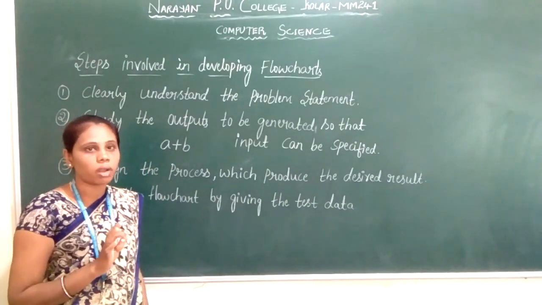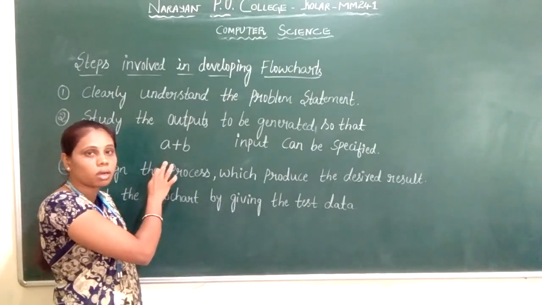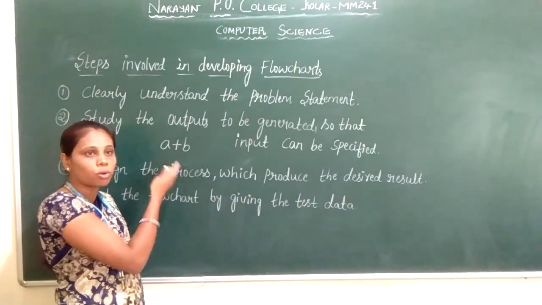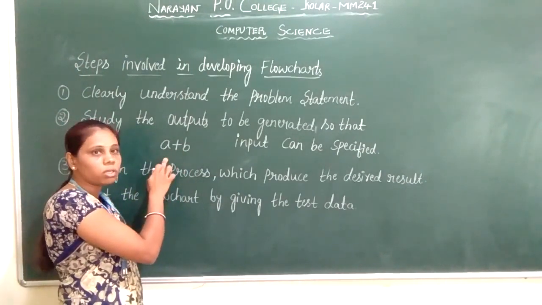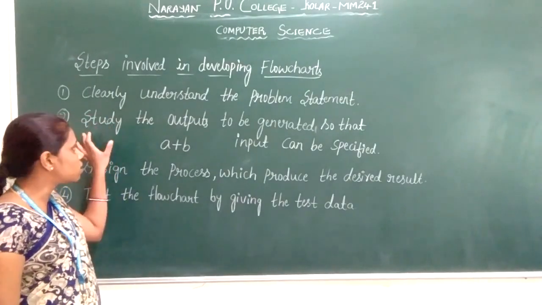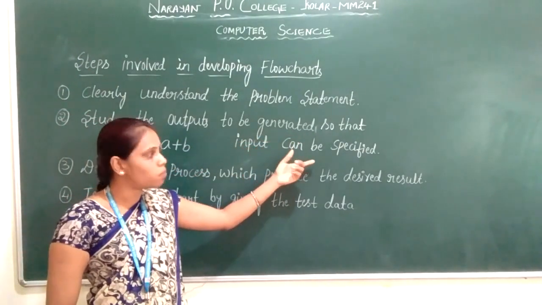We should not get the subtraction or multiplication of two numbers. We need to get only the sum of these two numbers. So if we know what output is to be obtained, we can give input according to the output. So that is, study the outputs to be generated so that the inputs can be specified.